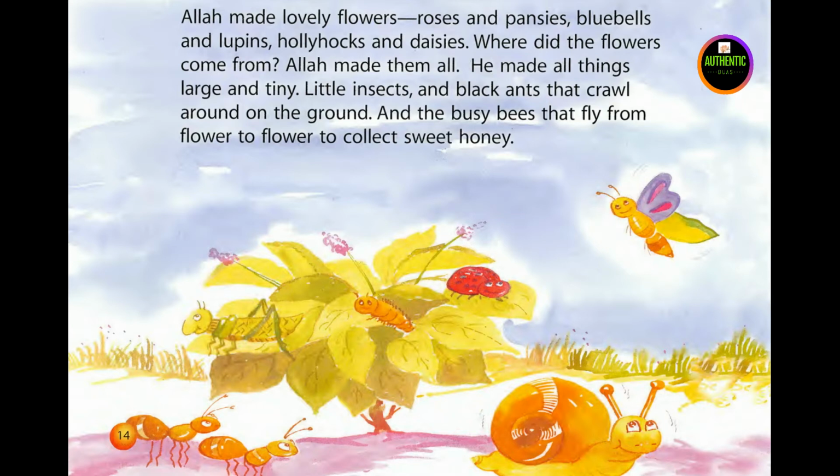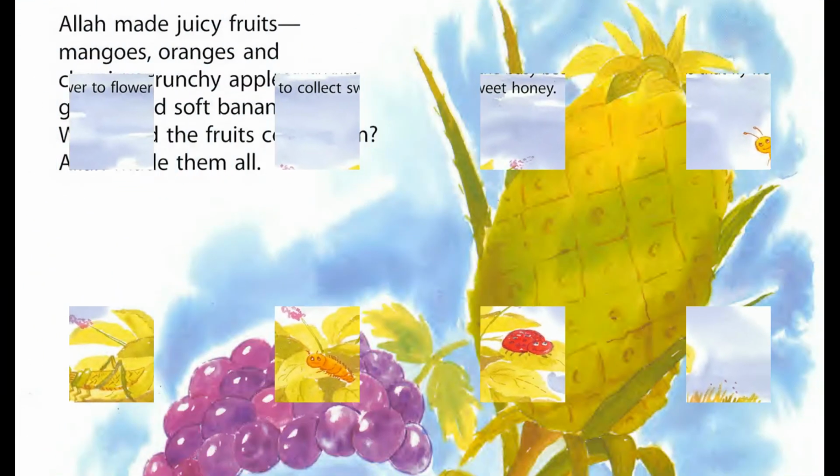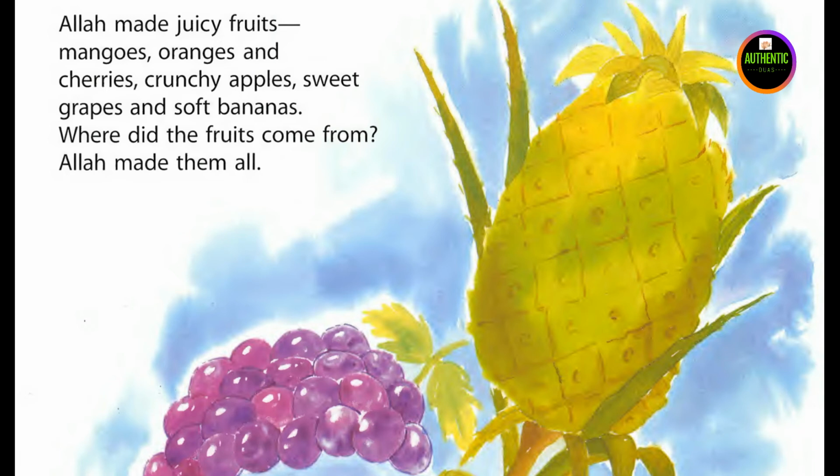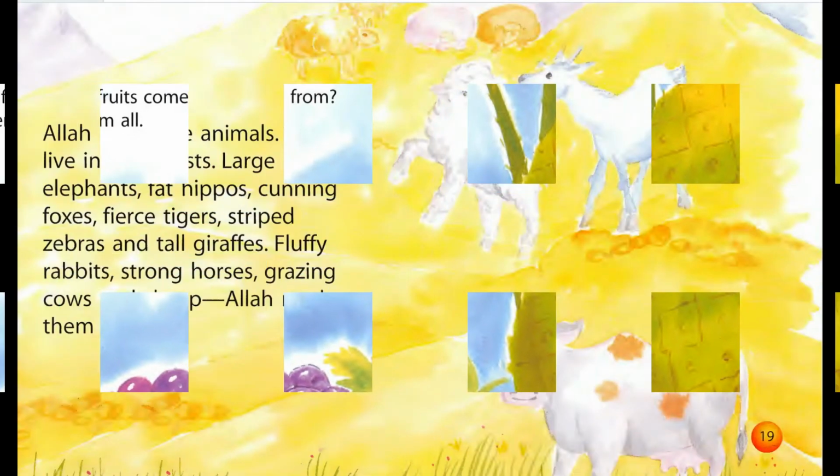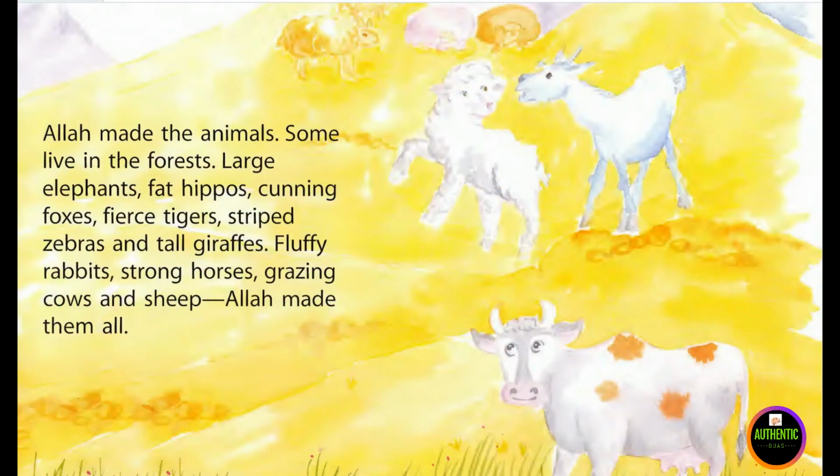He made all things large and tiny, little insects and black ants that crawl around on the ground, and the busy bees that fly from flower to flower to collect sweet honey. Allah made juicy fruits, mangoes, oranges, and cherries, crunchy apples, sweet grapes, and soft bananas. Where did the fruits come from? Allah made them all.